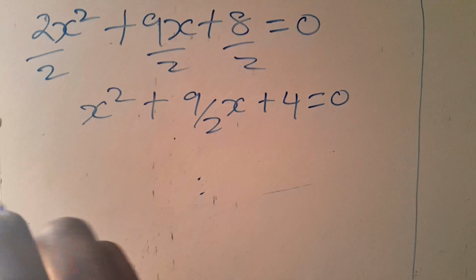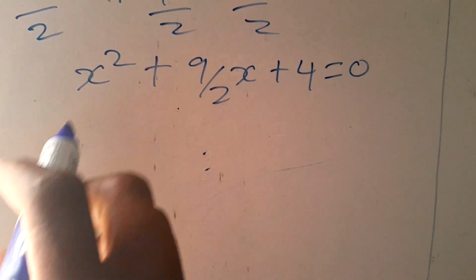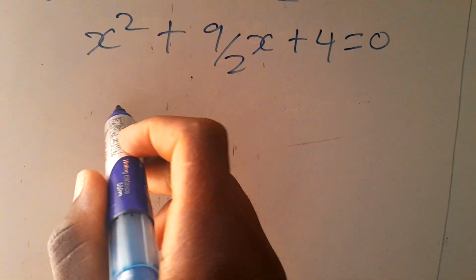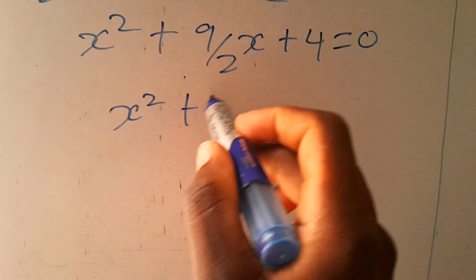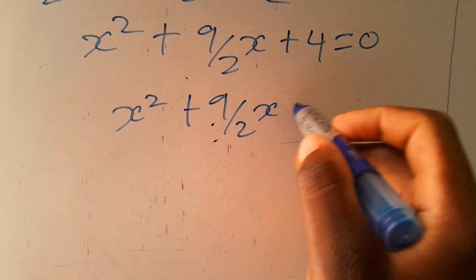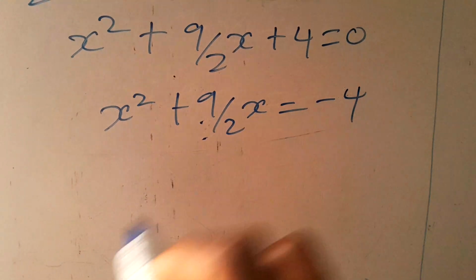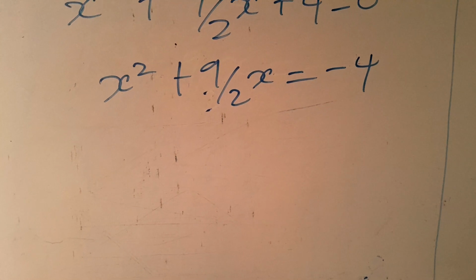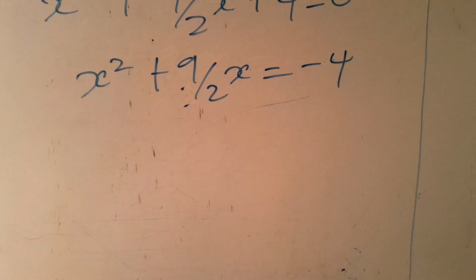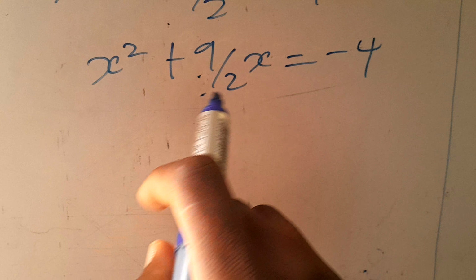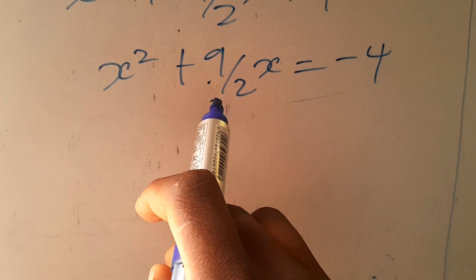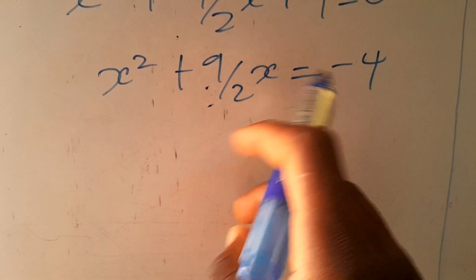The next step, we then have all the terms of x on one side and the number on the other side. We will have x squared plus 9 over 2x is equal to negative 4. The next step is we are looking for a complete square. How do we find a complete square? We make sure that the coefficient of x is divided by 2, and then we square it and add it to both sides.